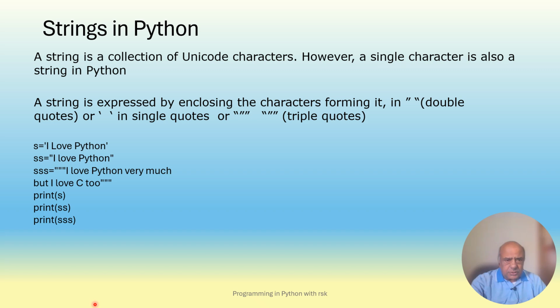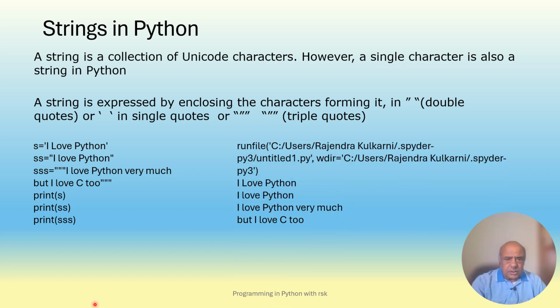When we execute this program, print S, print SS and print SSS output the actual string which we have assigned to them. You can see that SSS, in triple quotes, is in multiple lines, 2 lines here.